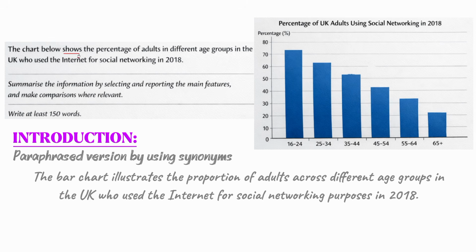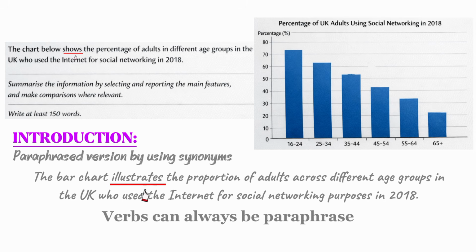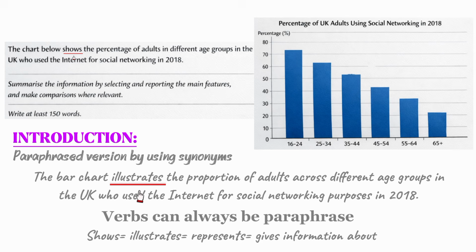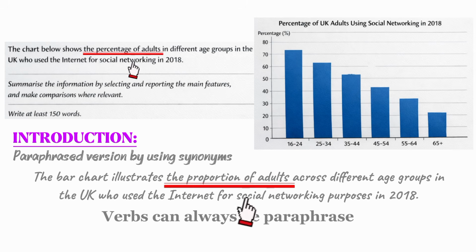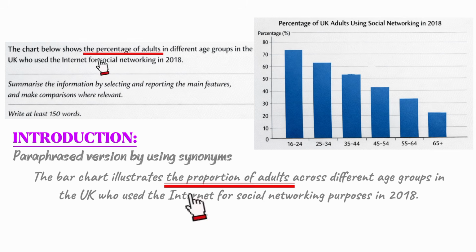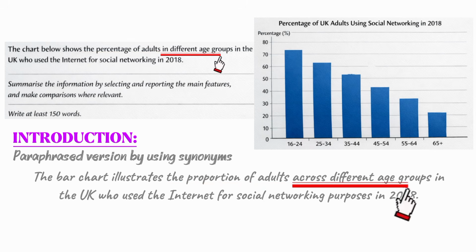Next we have the verb shows, and verbs can always be paraphrased. In our case, the verb shows was replaced by illustrates. We could also use such synonyms as represents or gives information about. Instead of the phrase percentages of adults, I used the phrase proportion of adults. After that comes the phrase in different age groups, which I simply paraphrased to across different age groups.